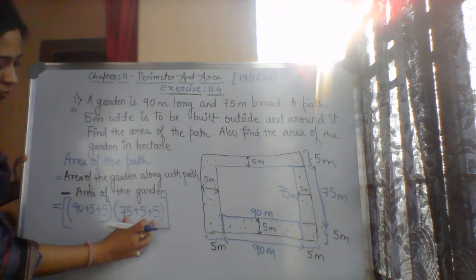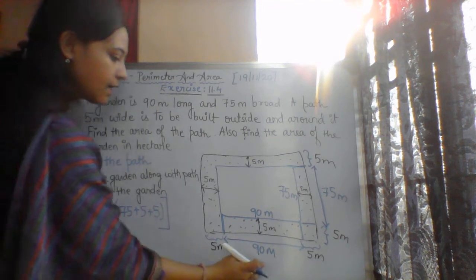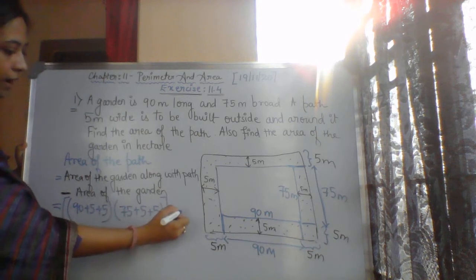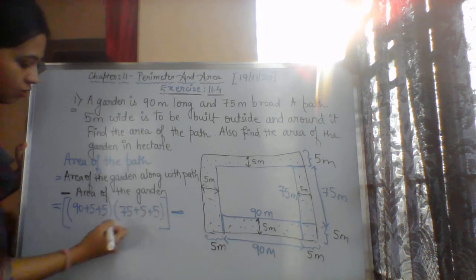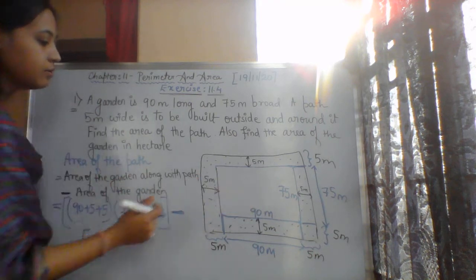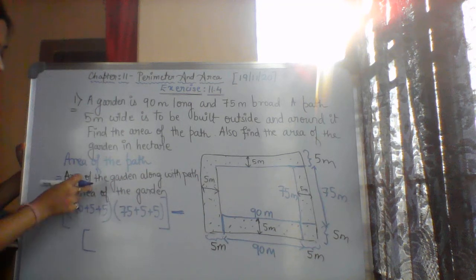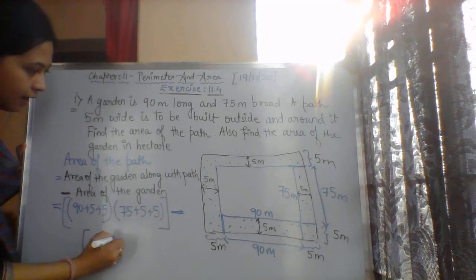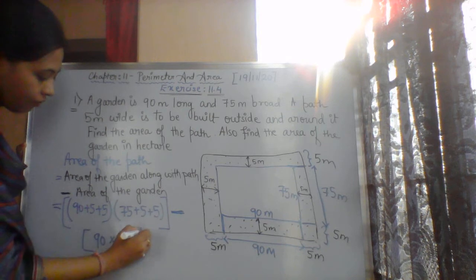So the greater rectangle area is this much, minus how much? The smaller rectangle, that is the area of the garden. So 90 multiplied by 75.